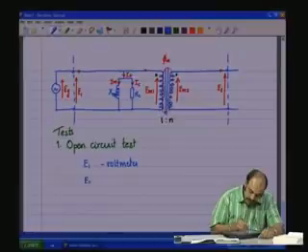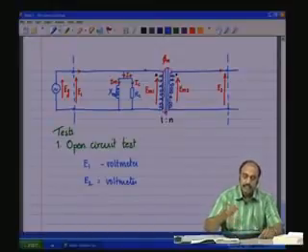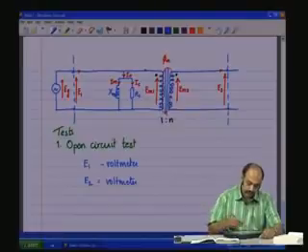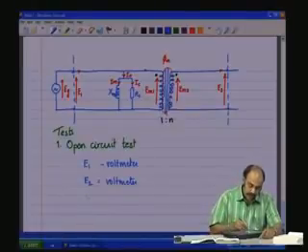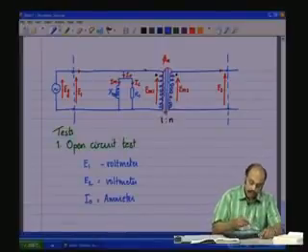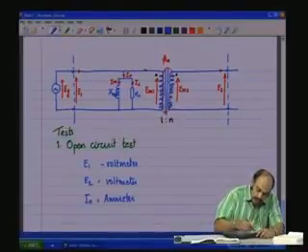E2 is measurable with a voltmeter connected across the terminals of the secondary of the practical transformer. Then we can also measure I0. I0 can be measured by connecting an ammeter in series.